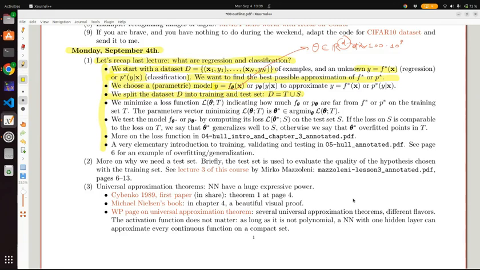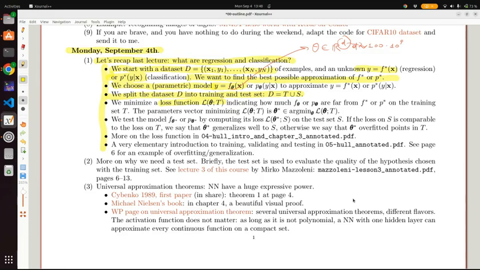How do we find this candidate function for our approximation problem? Well, we have a loss function. We have some quantity that's telling us how far is the function we are looking for from the candidate we are considering. And last time, you remember, we used what could be called the L2 distance between the unknown function and the candidate function.